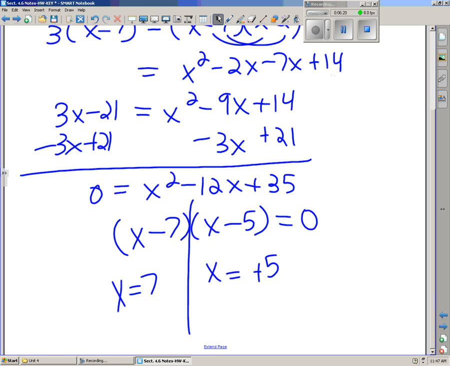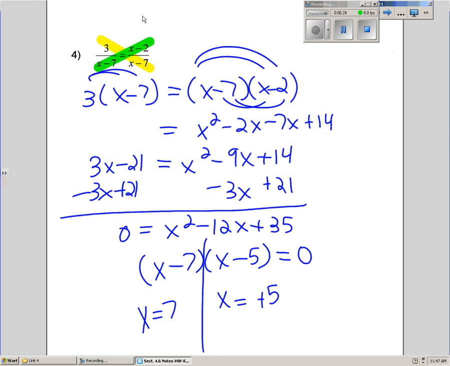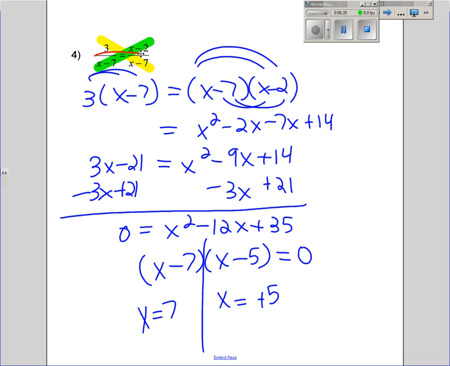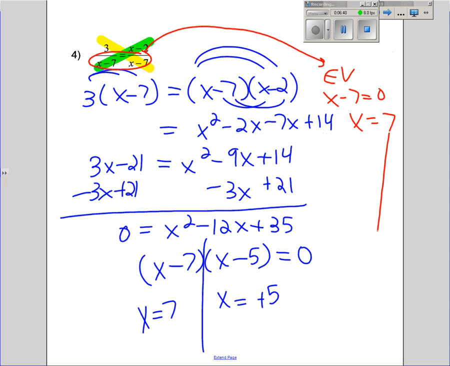Let's take a look at the denominators. Both the denominators are the same. So if I were to look for the excluded value, I would ask, what's going to make x minus 7 equal 0? And that answer is 7. Notice that we got a solution of 7, and then we also got an excluded value of 7.